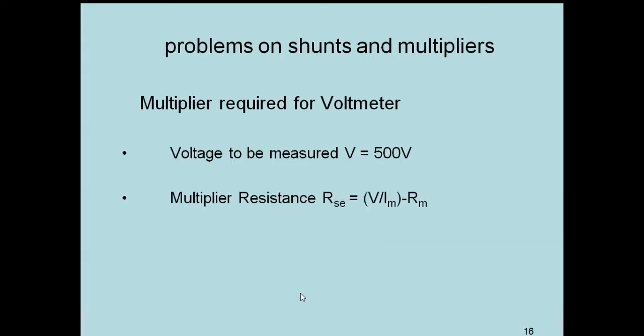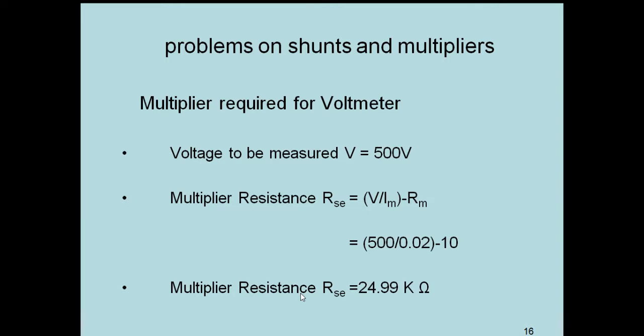And the multiplier required for the voltmeter. Voltage to be measured, V is equal to 500 volts. And multiplier resistance, RSC equal to V by Im minus Rm. That will be 500 by 0.02 minus Rm, where Rm is 10 ohms.